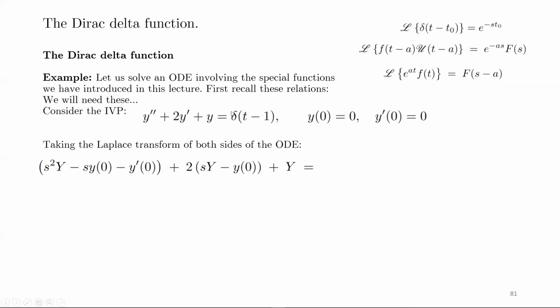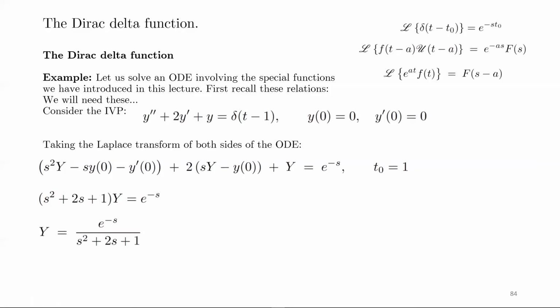Then we just need to take the Laplace transform of our Dirac delta function, but we know that that is equal to e to the minus s times t naught. T naught here is 1, so we just get the exponential of minus s. Simplifying that equation with the initial conditions that we have, and then solving for the common factor of Y, we get s squared plus 2s plus 1, all multiplied by Y of s, is equal to this right hand side, e to the minus s.